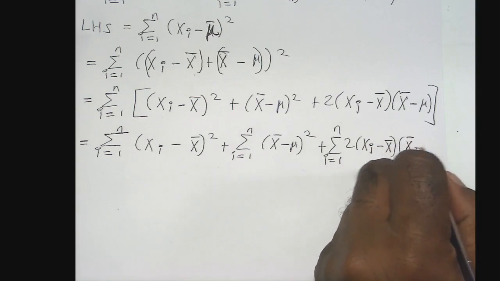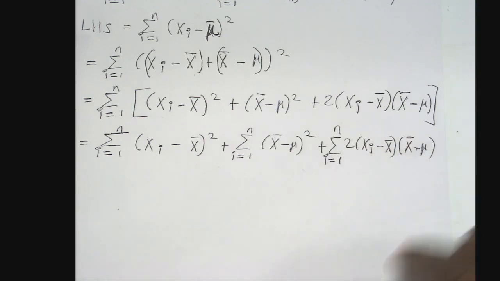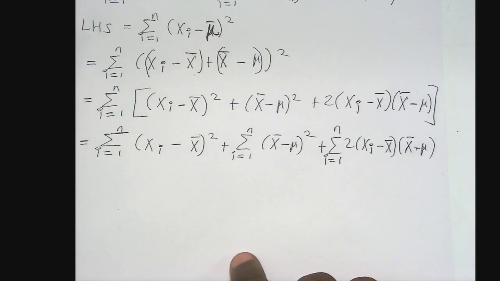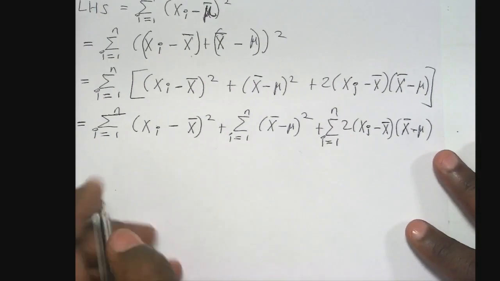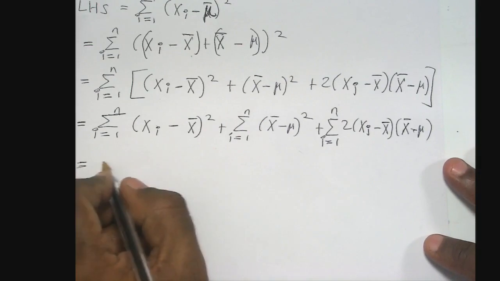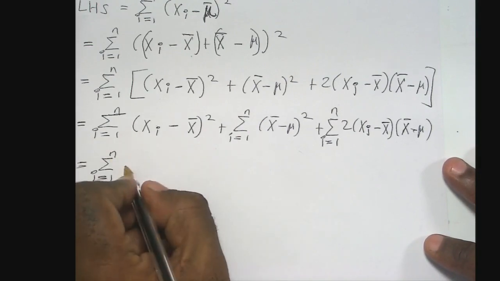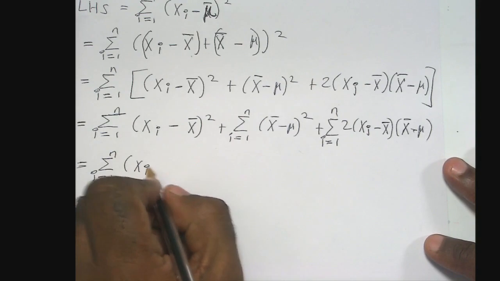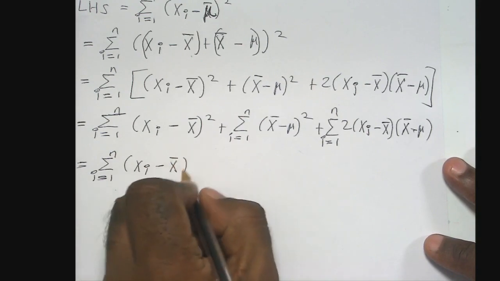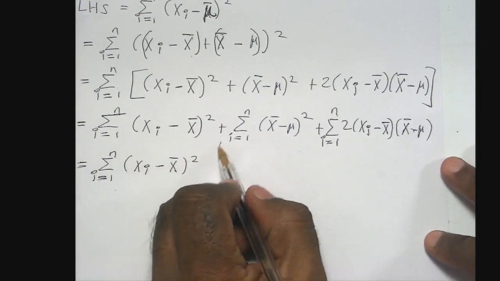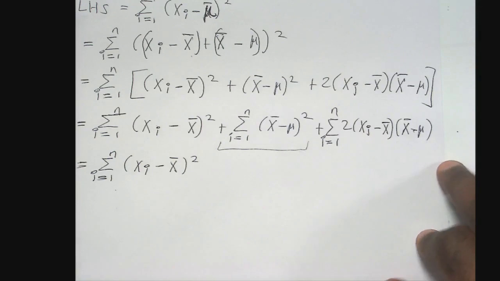You see, I've taken the summation inside the square brackets. You get 3 sums, right? Next thing to do, guys, is, now what would this be equal to, guys? Tell me. What is this equal to?